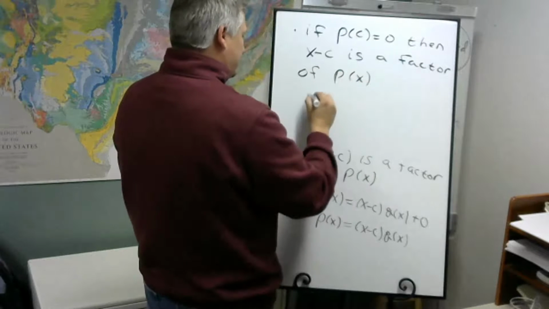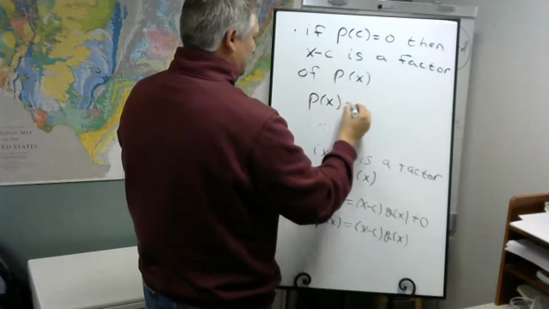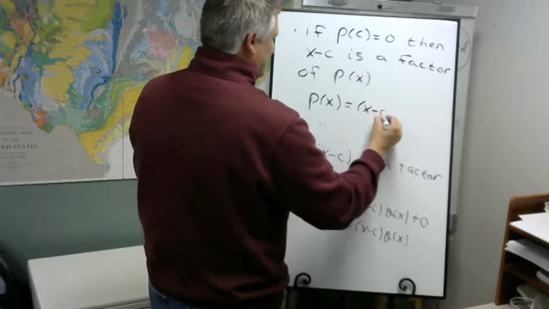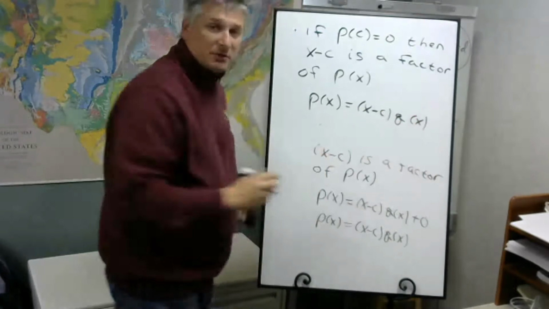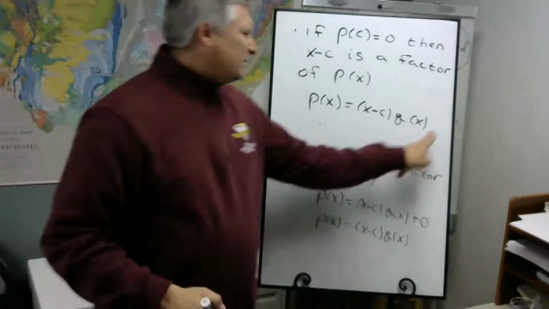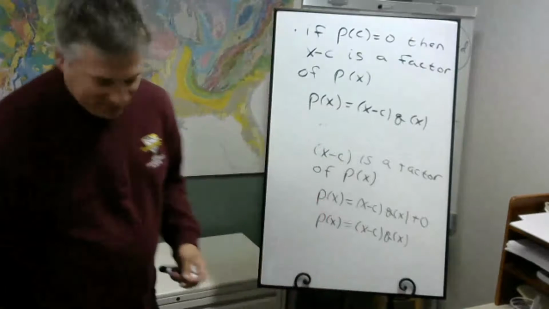Or in other words, we can rewrite P of x as x minus c times some other polynomial q of x. And we don't have a plus remainder term here.